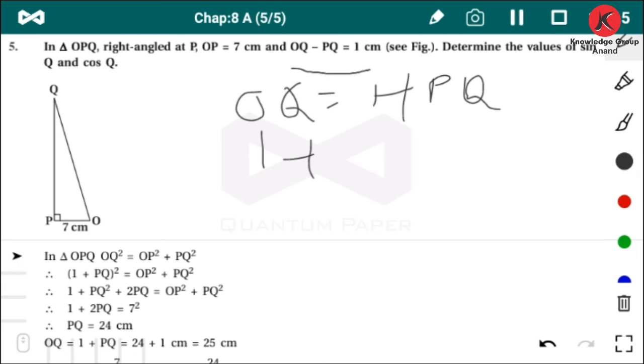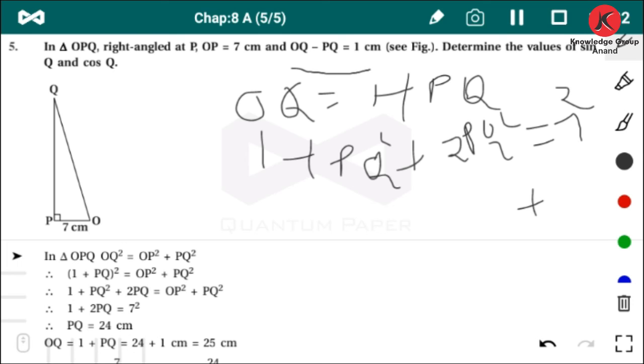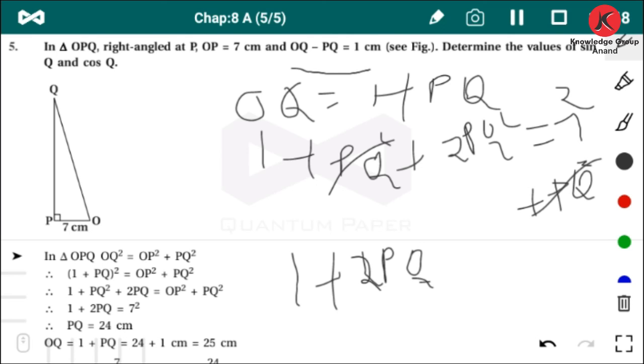PQ square cancels on both sides, then 1 plus 2PQ is equal to 49. So 2PQ is equal to 48.